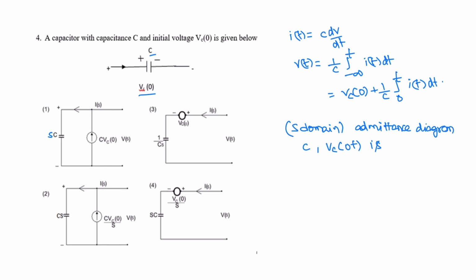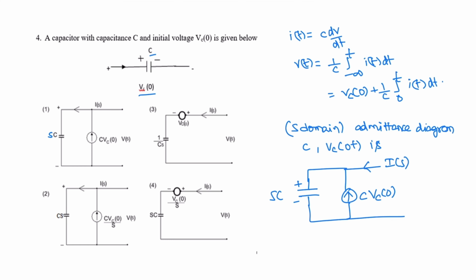is given by like this: 1 by SC, this is a voltage, C Vc of 0, this is a current I of S, this is voltage source V of S. So the correct option is 1.